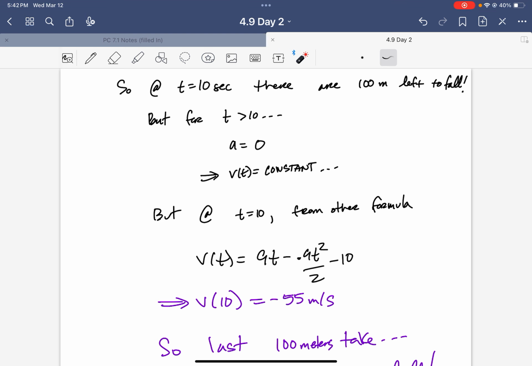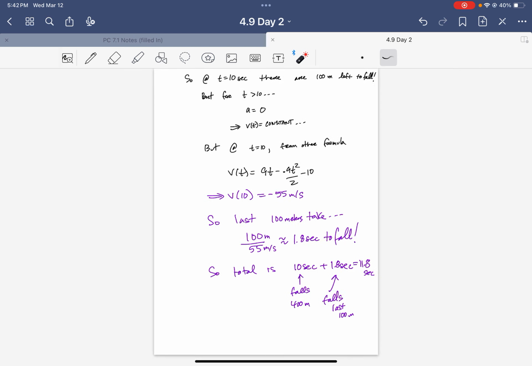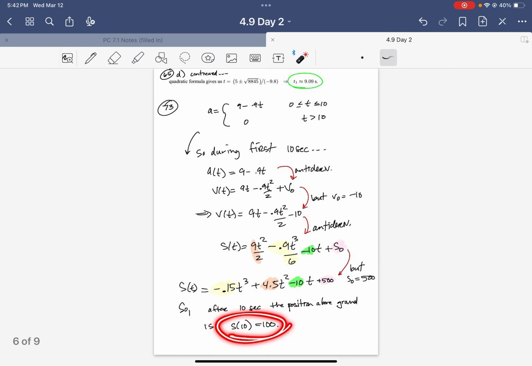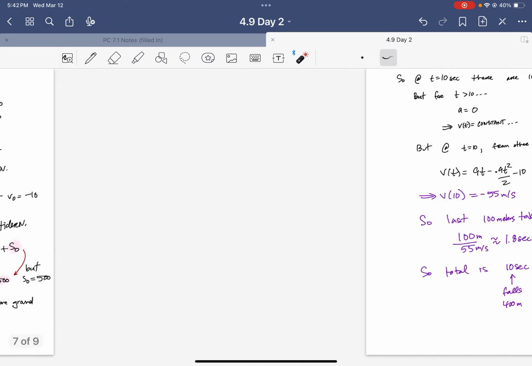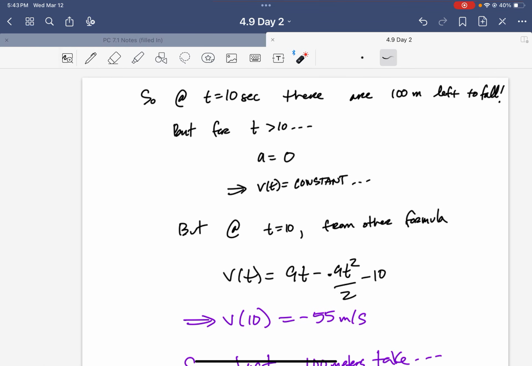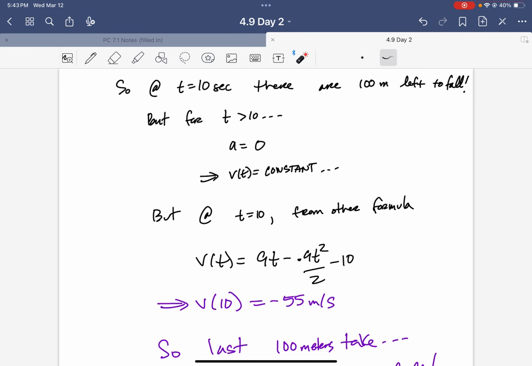Right, so after 10 seconds, there are 100 meters left to fall, because we ended up getting that at time 10, we were 100 meters above the ground. So when we look at the equation for acceleration after 10 seconds, acceleration is 0, which means velocity is constant.